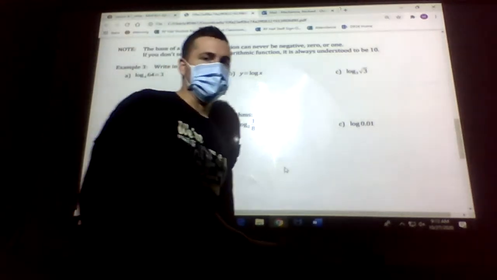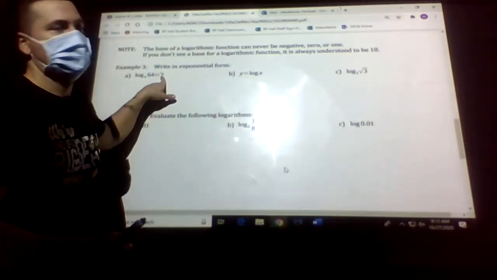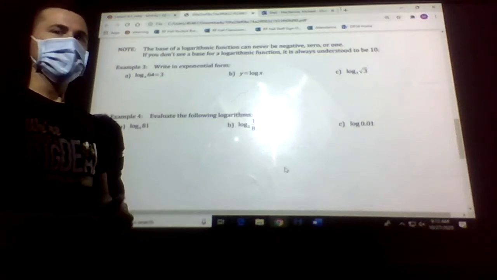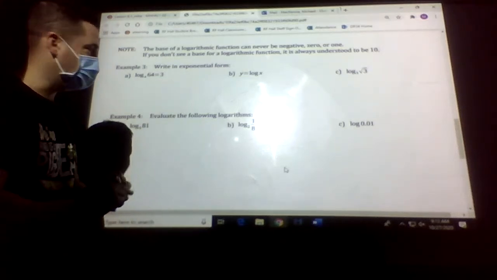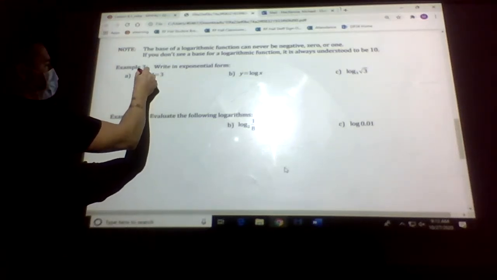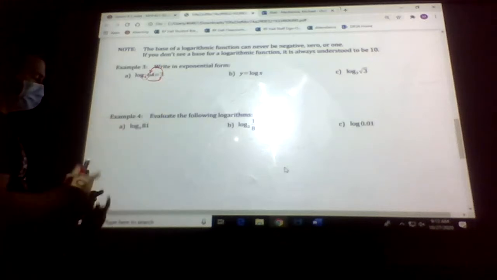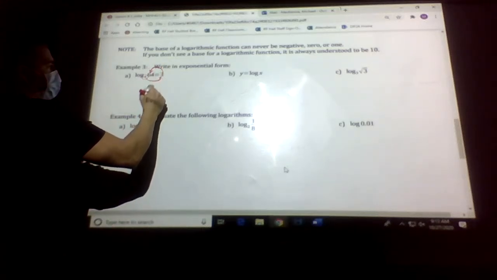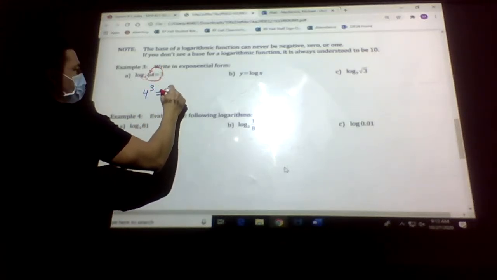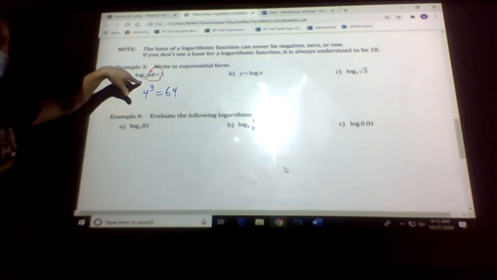Now the next one, we're going backwards. We go from log form into exponential, using the same snail method. You start with the base, go across the equal sign, so 4 to the power 3 equals 64. Always start with the base.